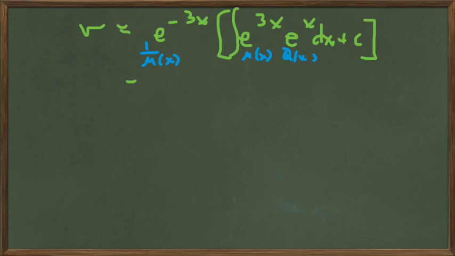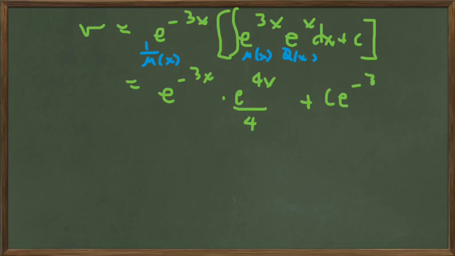So continuing, we get what? e to the minus 3x. We're integrating e to the 3x times e to the x, which is e to the 4x. And the integral of e to the 4x is e to the 4x over 4. We're distributing the e to the minus 3x across the c to get c e to the minus 3x.